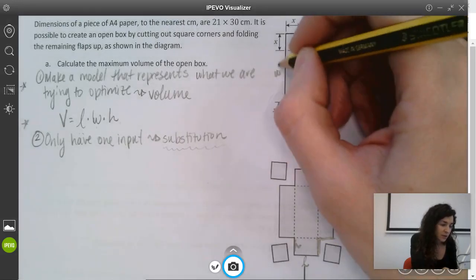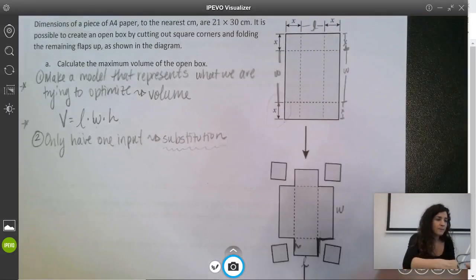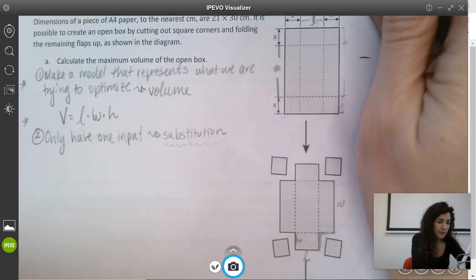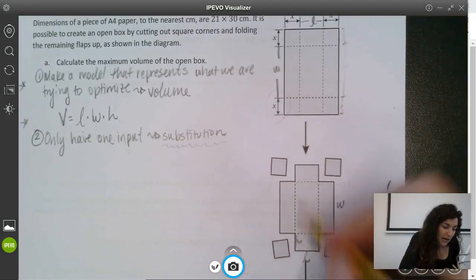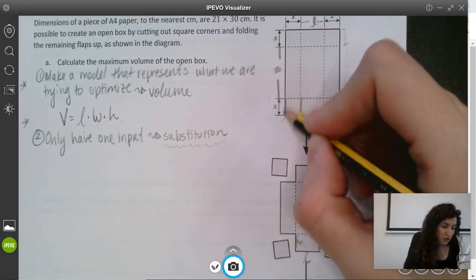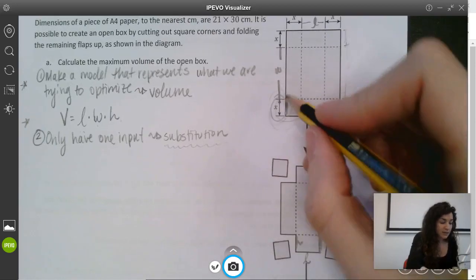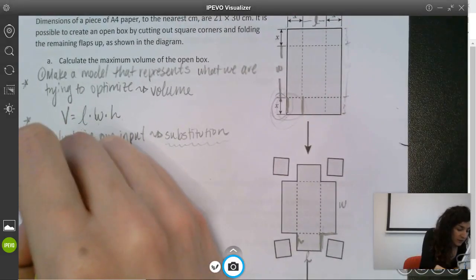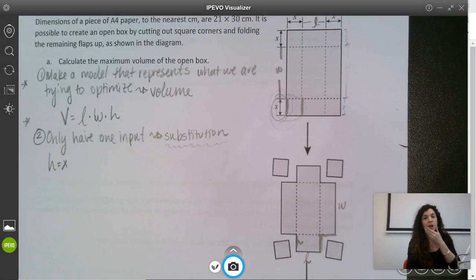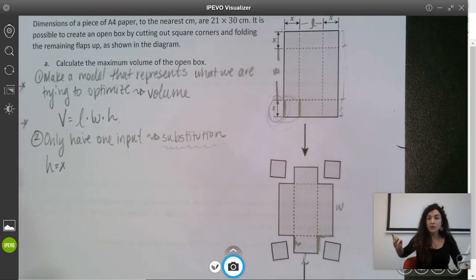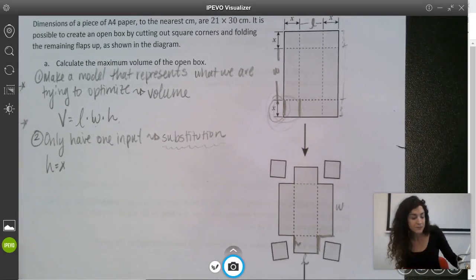I should put the w here. Notice that our height here is just this dimension, which is just this dimension. And so our height is x. So that is one that we can figure out right away, which is pretty nice. We could replace height with x, and we've already eliminated one of our inputs from this formula.